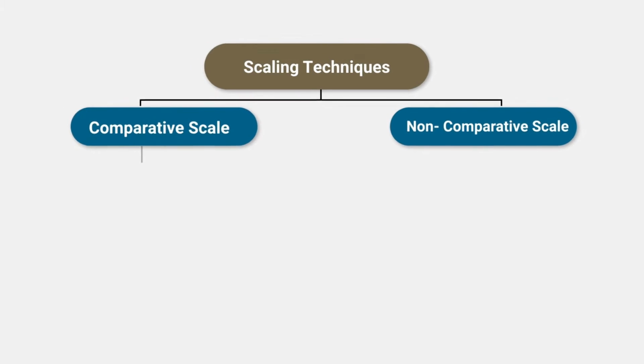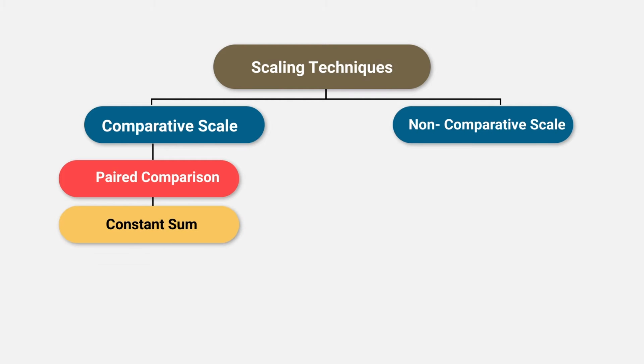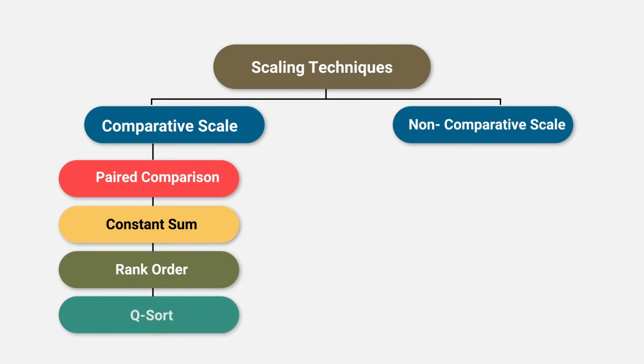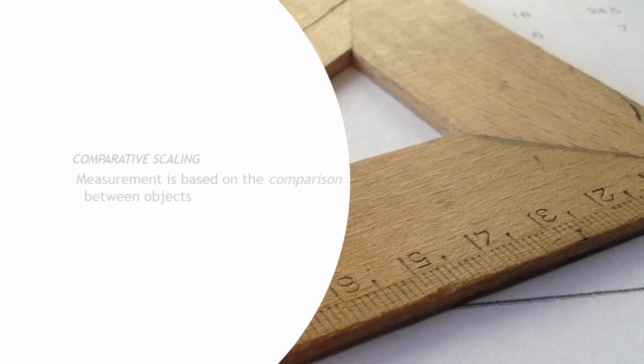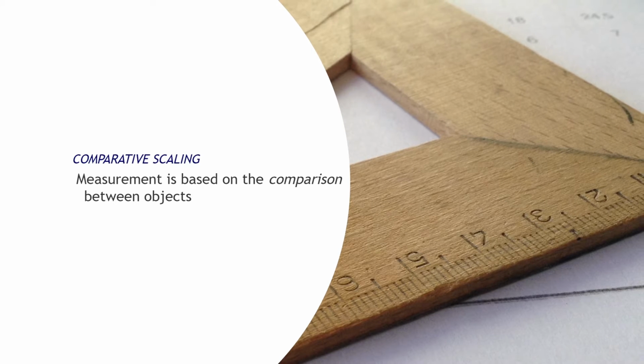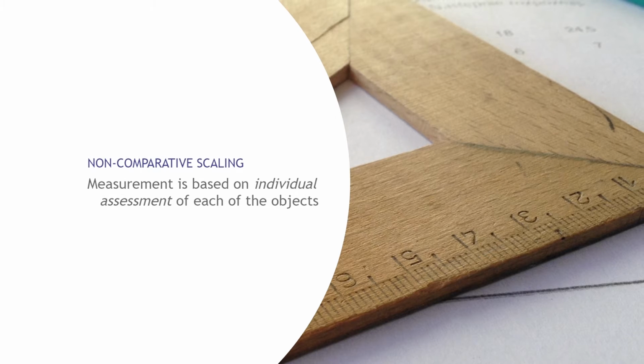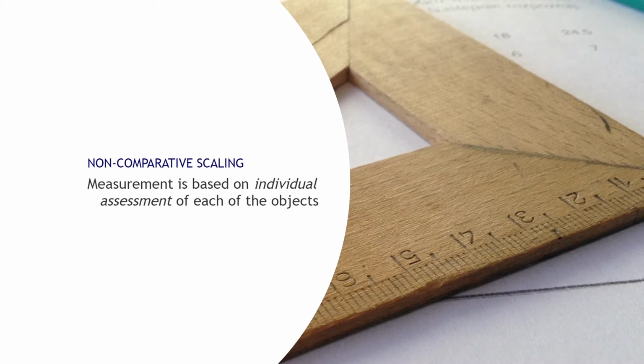So this comparative scales is more talking about the paired comparison, constant sum, rank order and Q sort. So we are here with this comparative scaling, and if we go more into the depth of this, comparative scale is a measurement which is based on the comparison between objects, whereas non-comparative scaling is a measurement based on individual assessment of each of the objects.